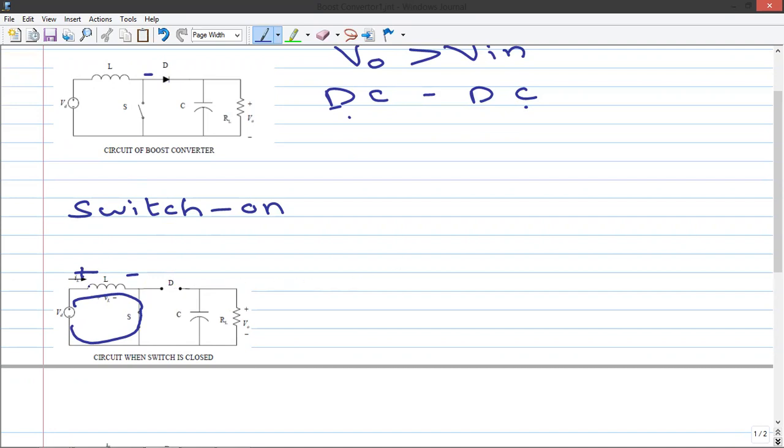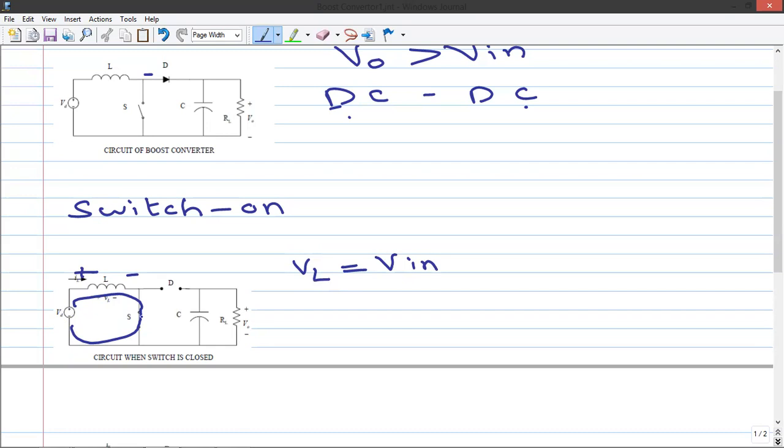The voltage across the inductor during magnetizing time, VL, is the same as the input voltage. So VL is equal to V in.